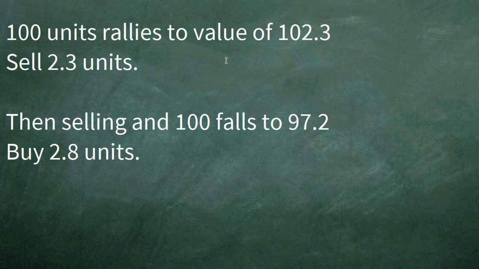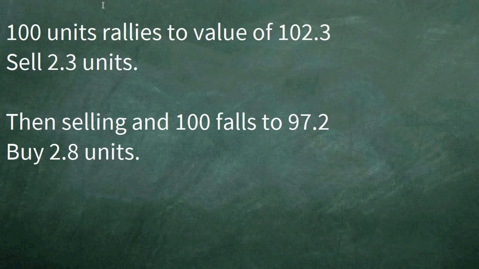And if you take an example of, let's just assume you have 1 Bitcoin worth, and the market rallies, and it's worth 1.023 Bitcoin, then I'm going to sell 2.3 units, and it's going to be worth 100 after the transaction. And if it falls from this point, then if it goes to 97.2, then I'll buy whatever 2.8 units happens to be.